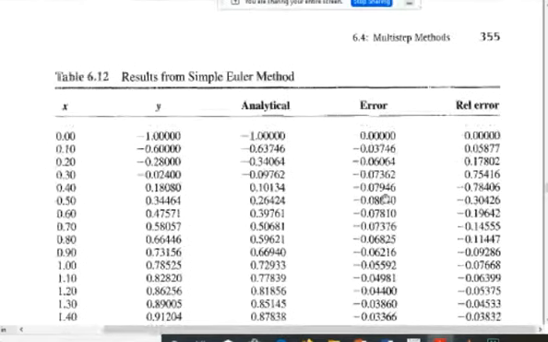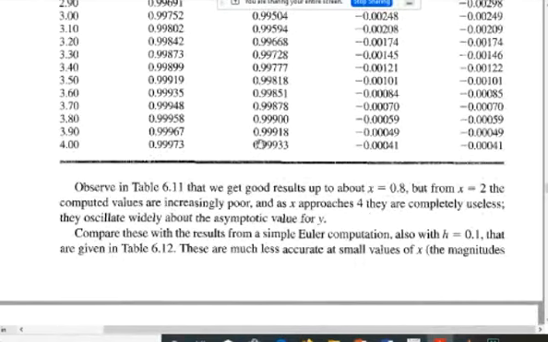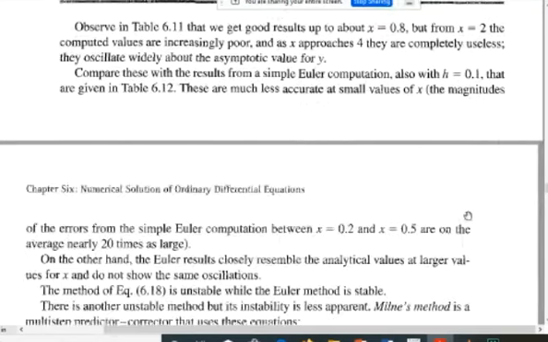But this is a kind of stable algorithm, and we have controlled the amount of error. Compare this with the result from the simple Euler computation, with the same step sizes.